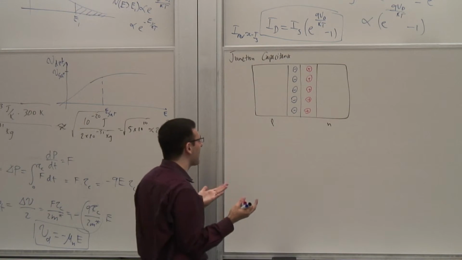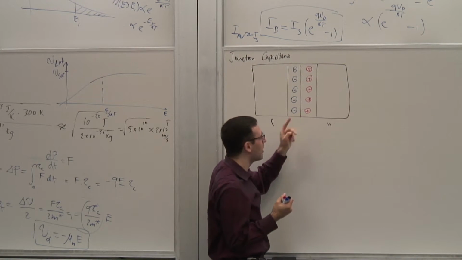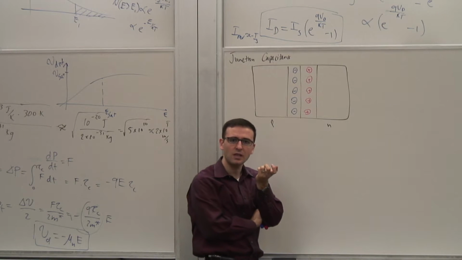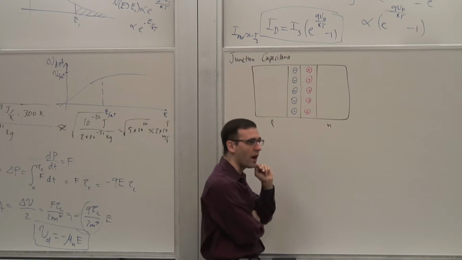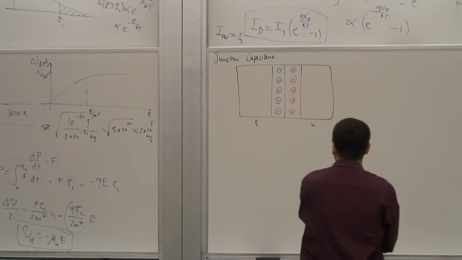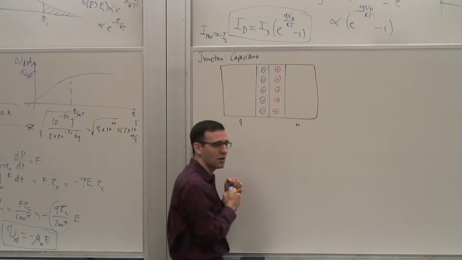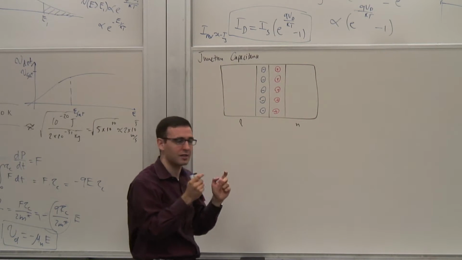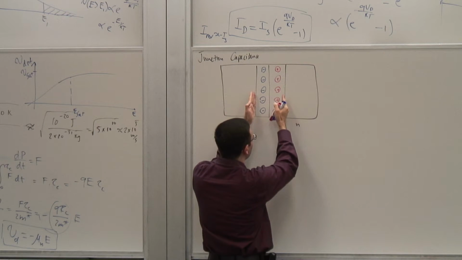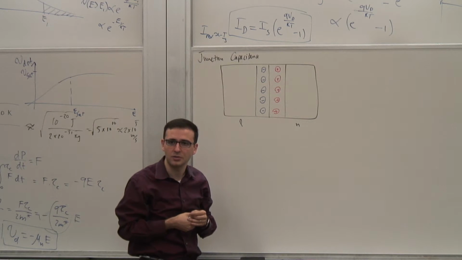But it's not exactly like a parallel plate capacitor if you look at it directly, because these charges cannot move. These are not free charge carriers. Nonetheless, I still think of it as a capacitor. Why? Because if you think about it carefully, it's an incremental capacitor. In other words, if I change the electric field across this thing a little bit, if I apply a larger electric potential, what happens is that I change the number of positive and negative ions I have on the opposite sides of the depletion region.